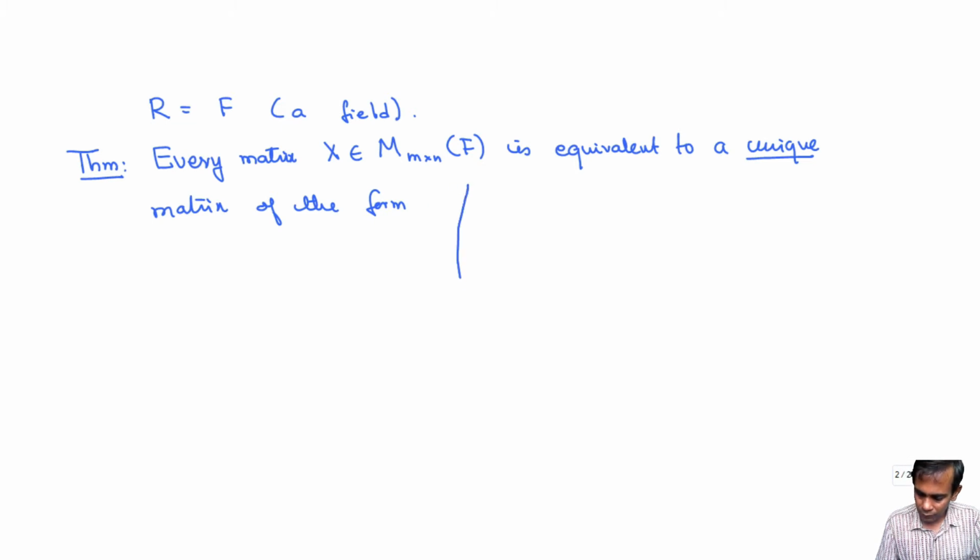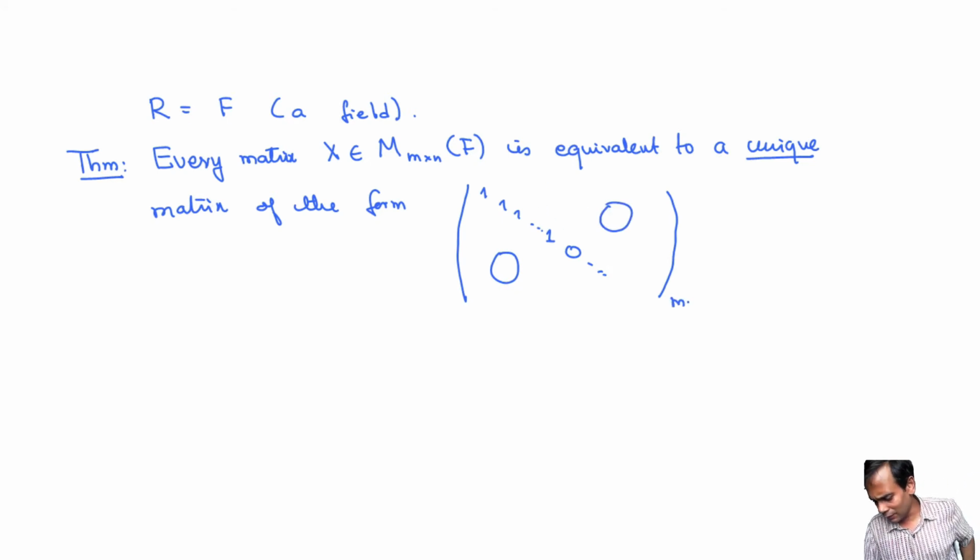You have 1, 1, 1 up to some point, and then you have 0, 0, 0 after that, and everything else is 0. So you just have a principal diagonal worth of 1s. This is a rectangular matrix, and then you have zeros.